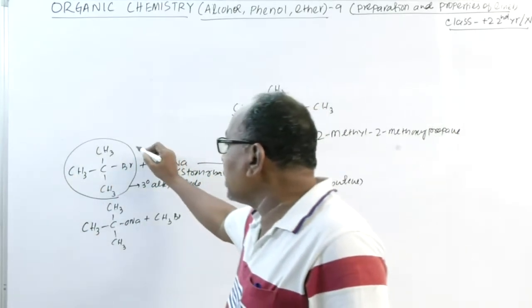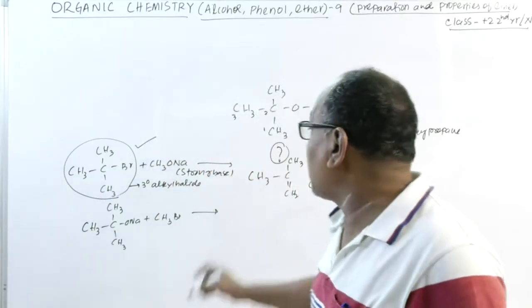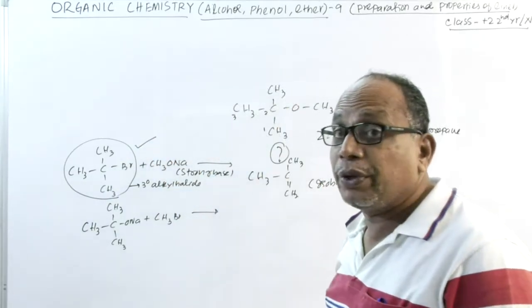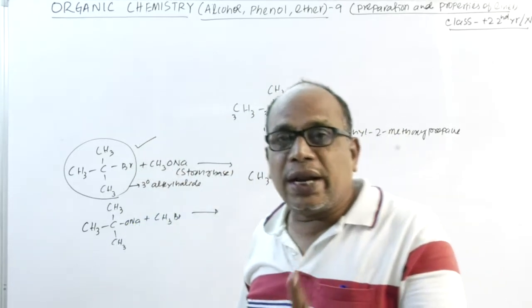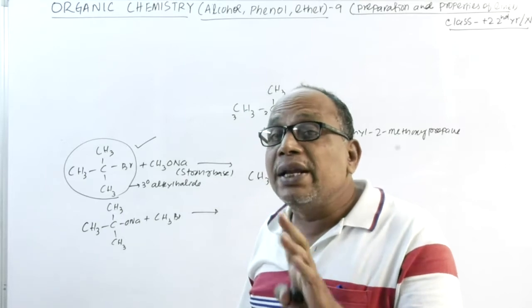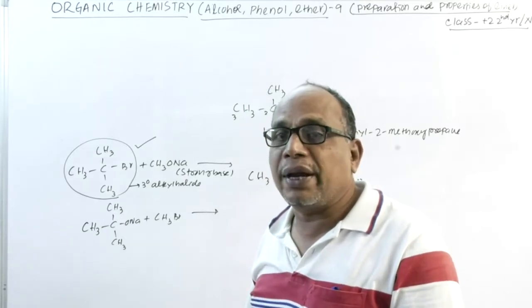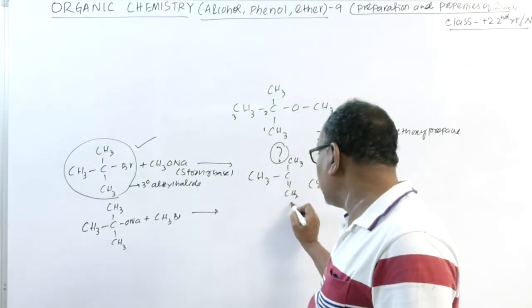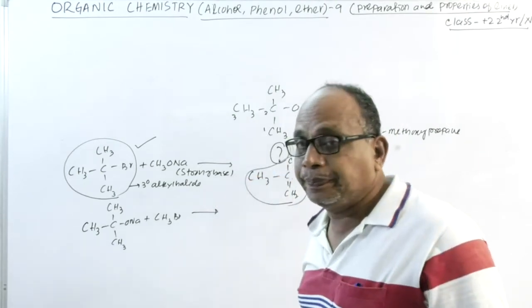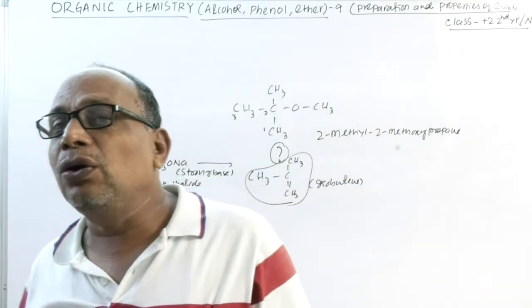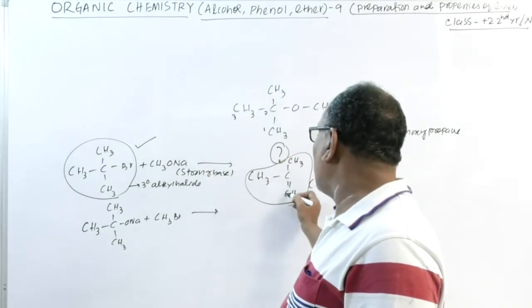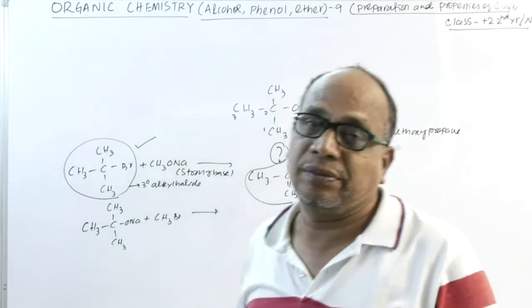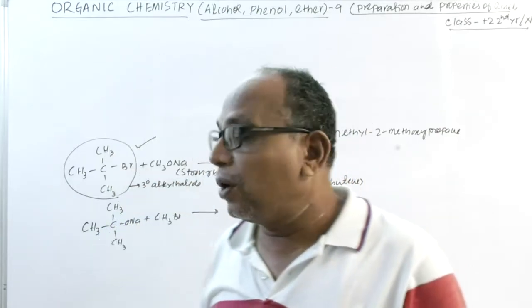So by taking tertiary butyl bromide, we cannot prepare this ether, 2-methyl, 2-methoxypropane, because the tertiary alkyl halide undergoes elimination reaction in the presence of a strong base. As a result, it forms an alkene. What alkene is this? This is isobutene, or 2-methylpropene.